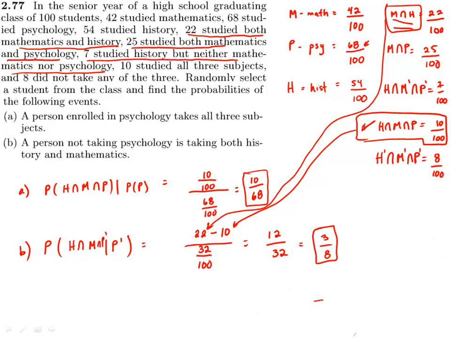Yes, sir. How come, well, reading part A, it feels like that's for the intersection of... It says, a person enrolled in psychology takes all 3 subjects. So you know that the student is taking psychology already. What you want to know is if it's also taking the other 2 subjects.